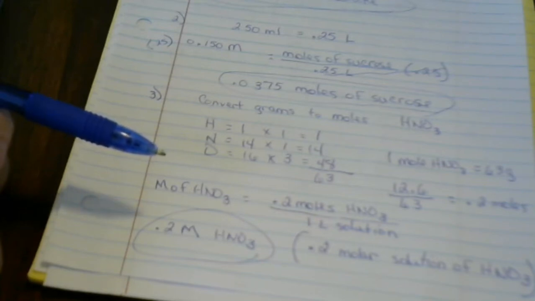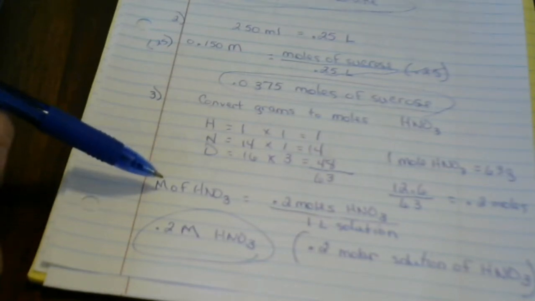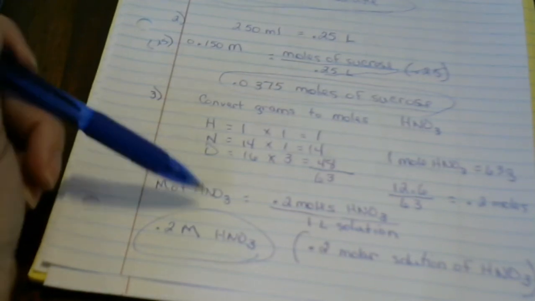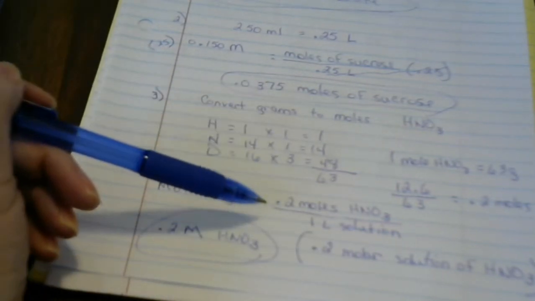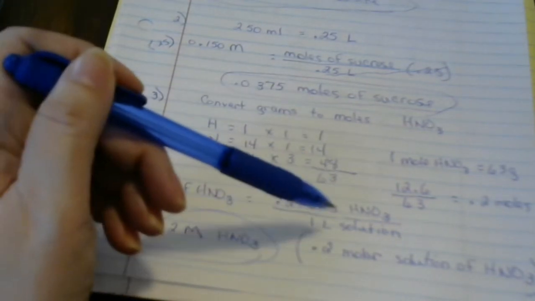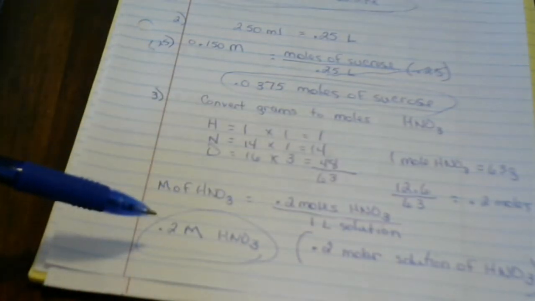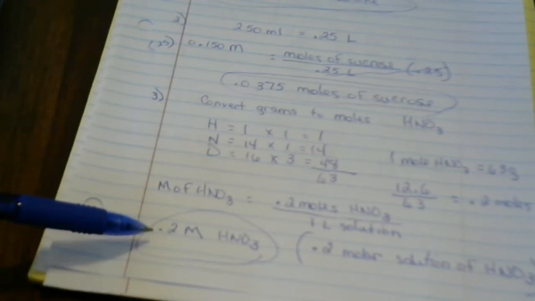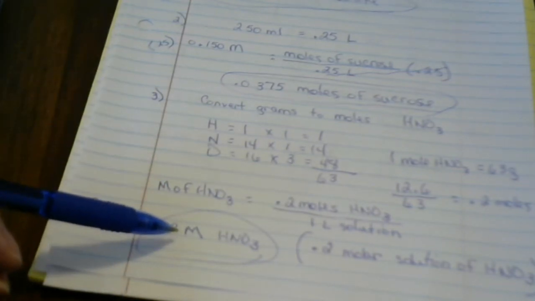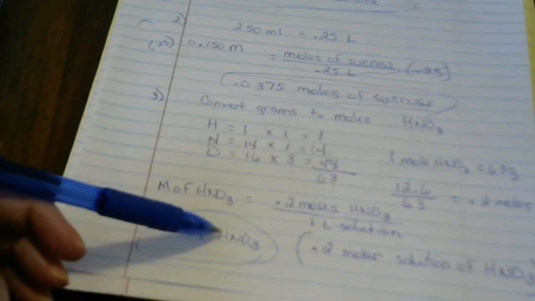All right, so I'm going to plug this in and I'm just going to calculate the regular molarity, not going to move anything around. I've got 0.2 moles of HNO3, which is the same as 12.6 grams, over 1 liter solution. And so that gives me 0.2 molar solution of HNO3.